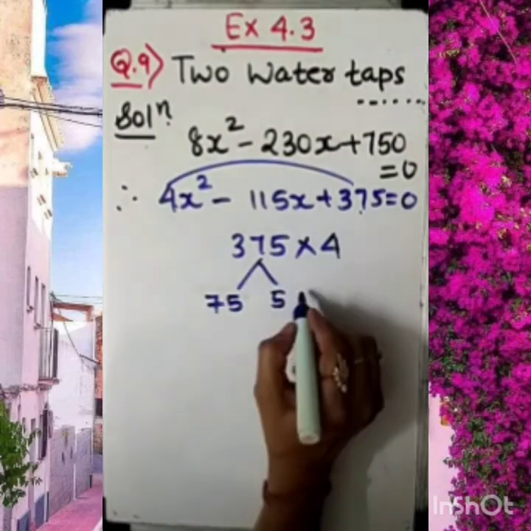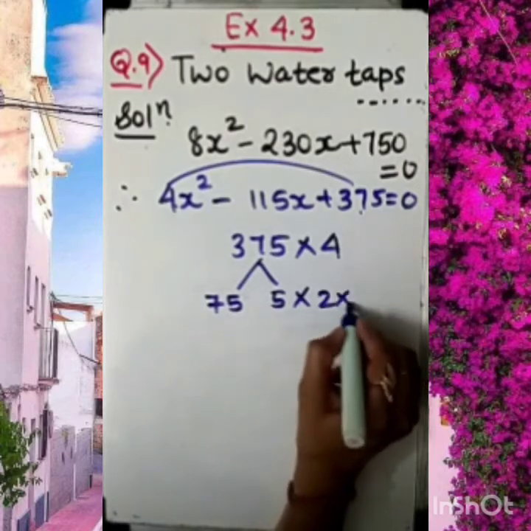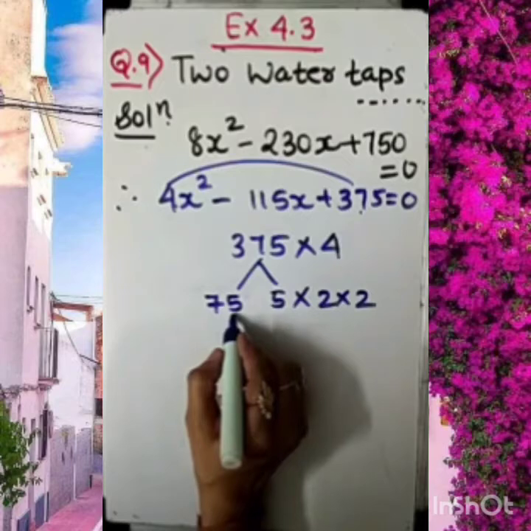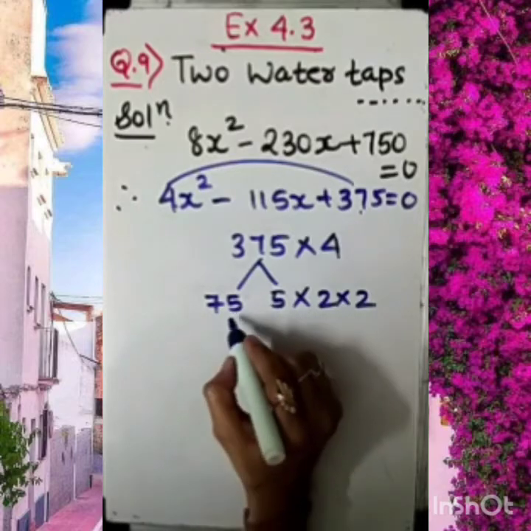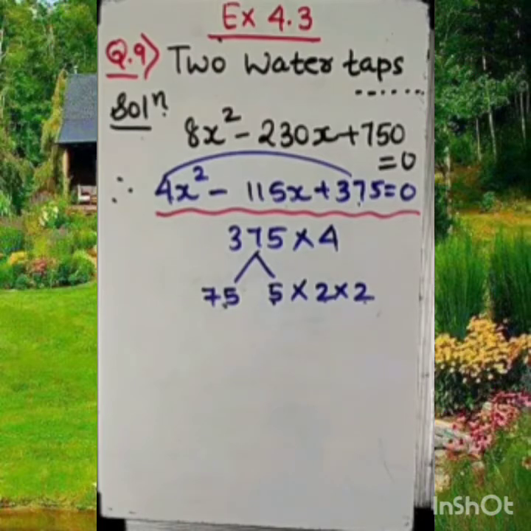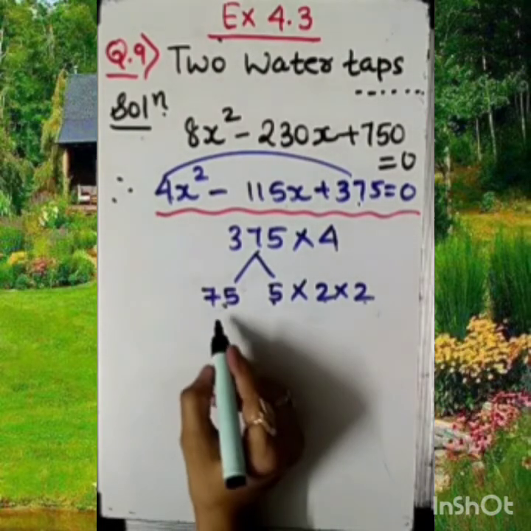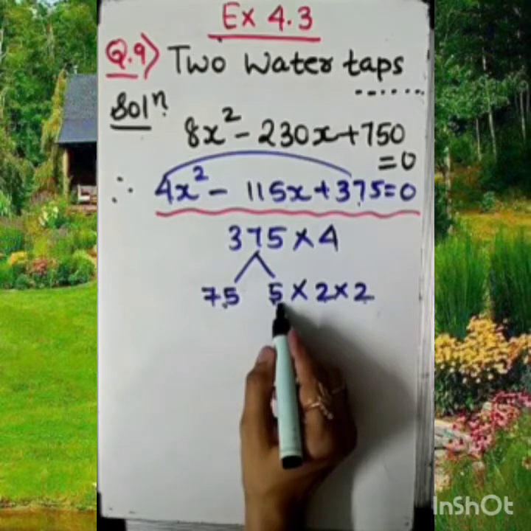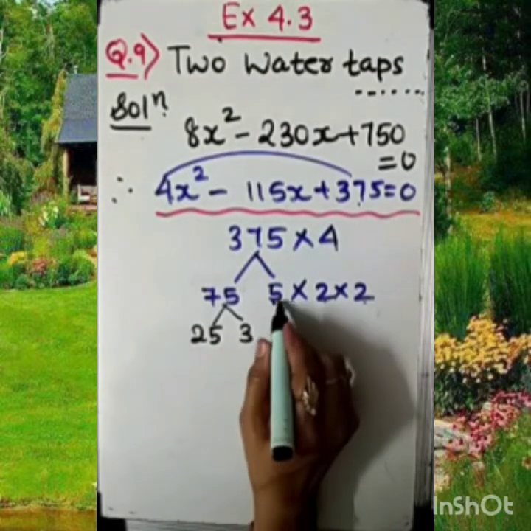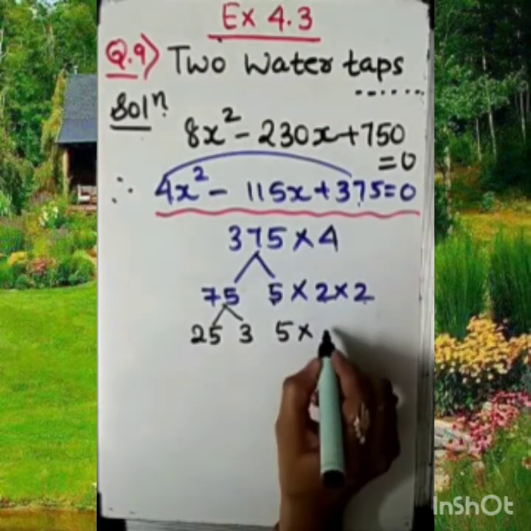And this 4 is already there, so its factors are 2 into 2. Some more factors we can have. If we work out on this, then we can go with this also, because we want 115 here. So here we need to find the factors of 75 by 5. 75 again we know it's the factors of 25. 2 into 2 already there.